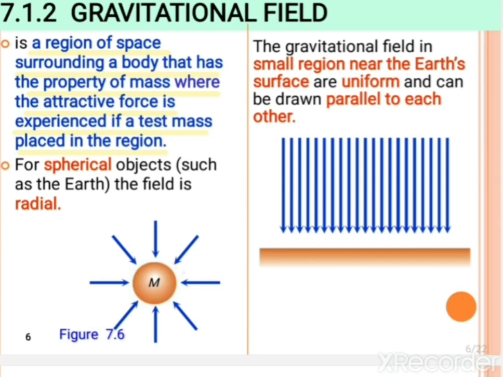Let's say this one is Earth. So the surrounding of the Earth is a radial gravitational field. The gravitational field in a small region near the Earth's surface is uniform and can be drawn parallel. Let's say below is Earth's surface, so the direction of the gravitational field is downward.